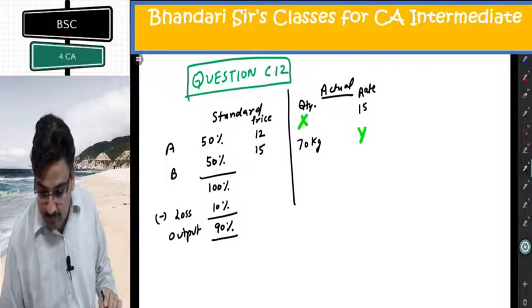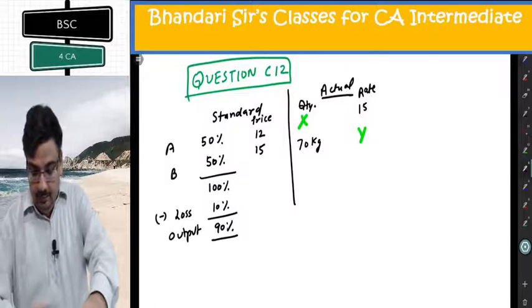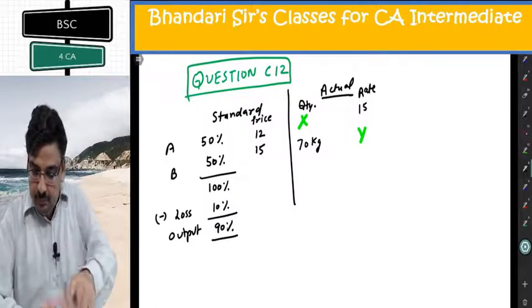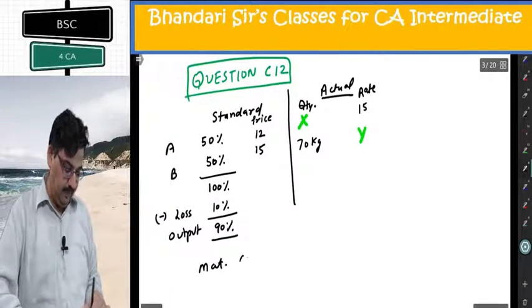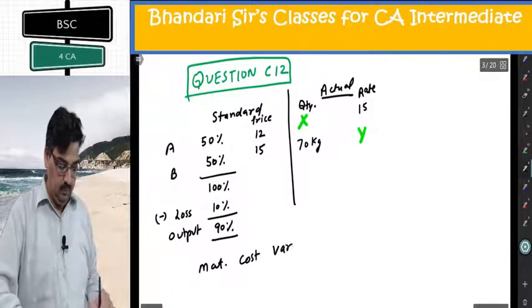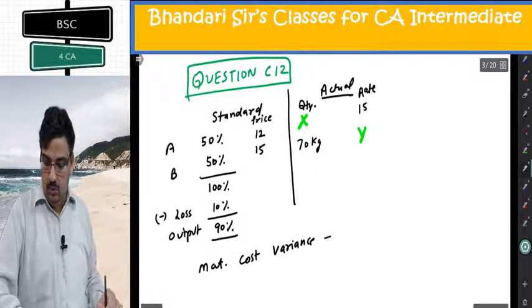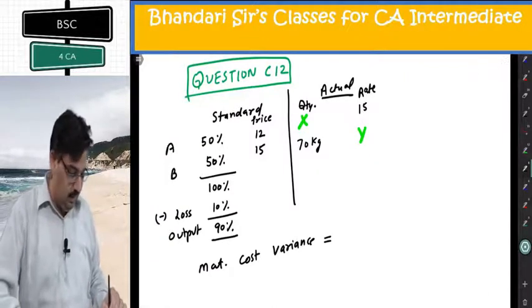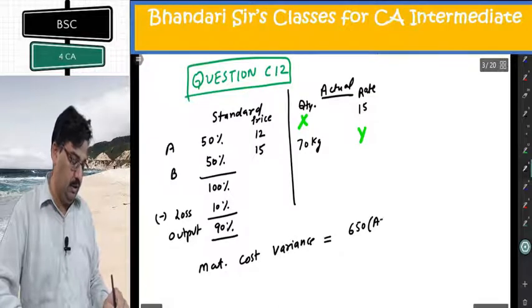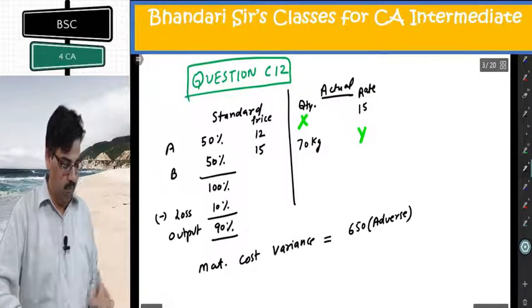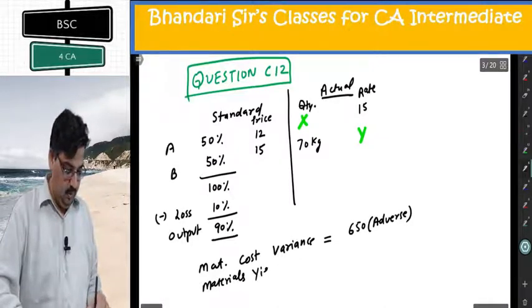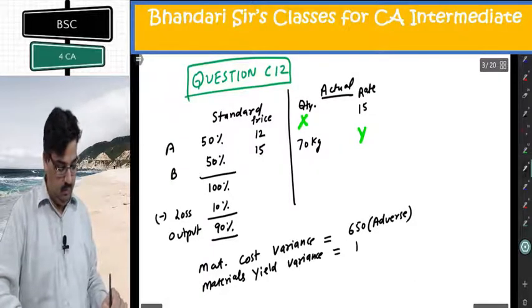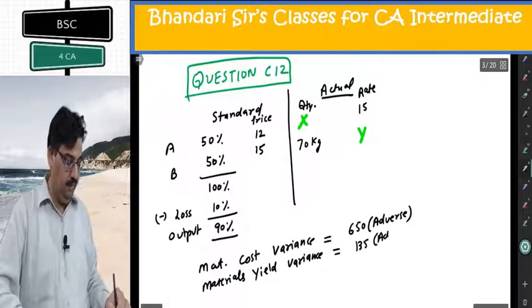What else are you given? You are given material cost variance. It is given 650 adverse. You are also given materials yield variance, 135 adverse.